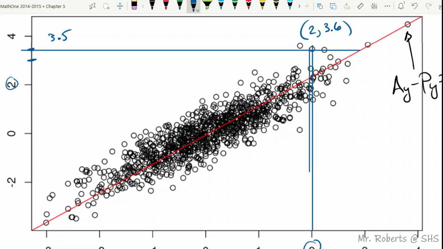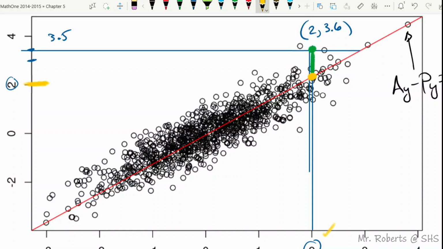Well, the residual for that data point is the difference between where that data point actually was and where the model predicted it would be. So this yellow dot right here represents the predicted value of Y. Why is it predicted? Because when I plug in this value of X, the equation says I should be getting about this amount, about 2 for Y. If I put in X is 2, it's saying Y should be about 2.